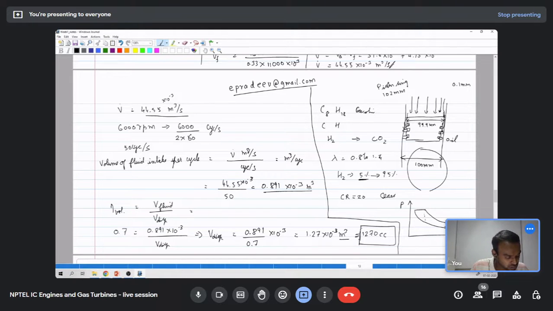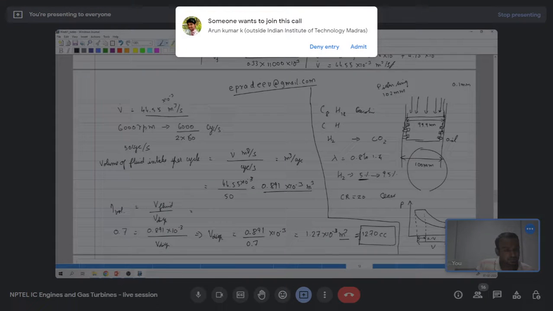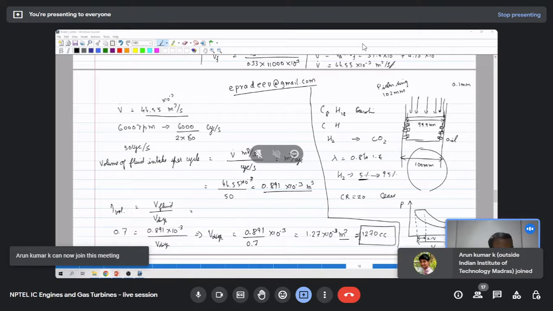So that heat addition ceases at 10% of the stroke means this is the entire stroke, and this is 10%. So if this is V, this is 0.1 V. With this you can calculate the cutoff ratio.